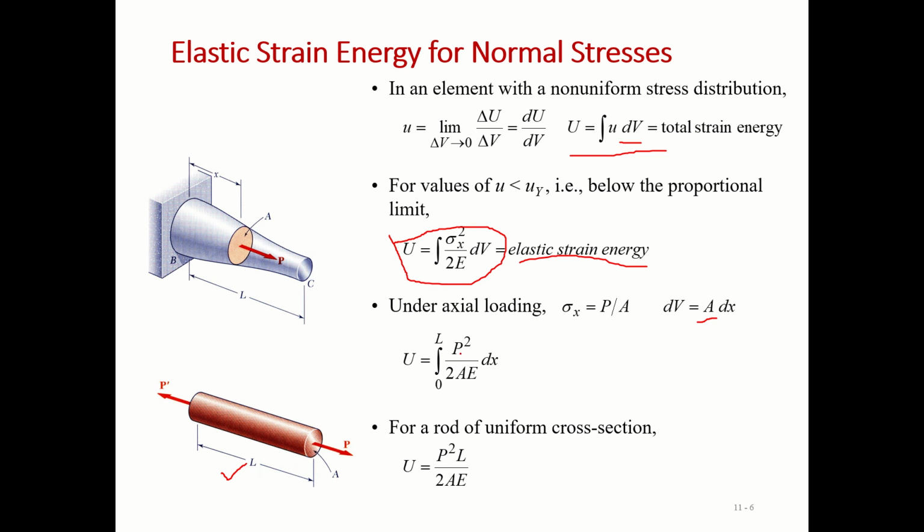So this will be P square divided by 2AE, and when we integrate it, it will become P square L divided by 2AE. So this is the total strain energy for the tensile loading of uniform cross-section.